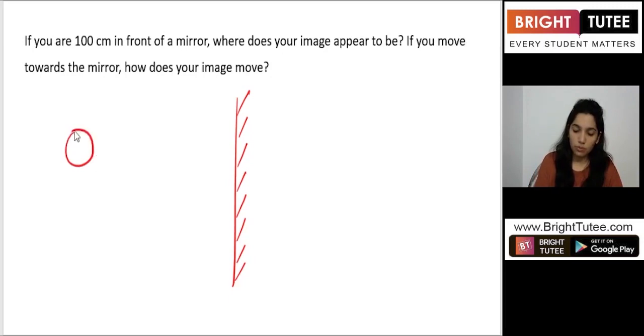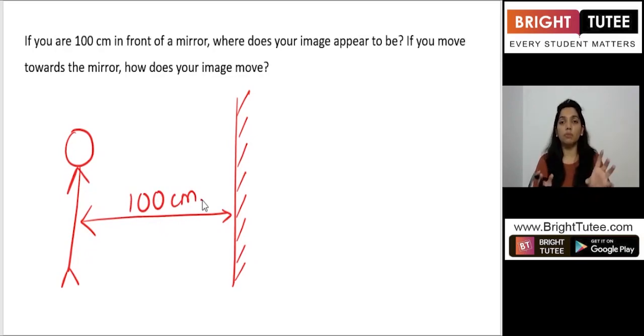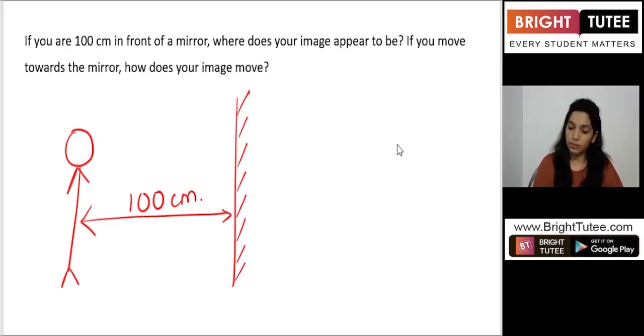This is the object, a person standing in front of the mirror, and the distance of this person from the mirror is 100 centimeters. Now we'll see its reflection on the other side of the mirror.